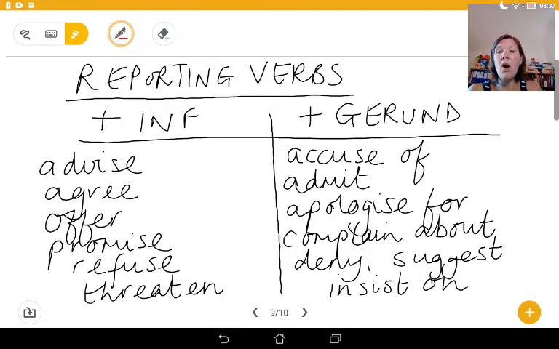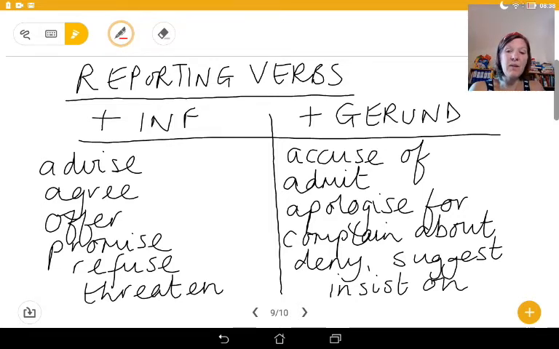Another example with offer: you might have the original sentence, "Shall I help you?" So in the transformation, "She offered to help me." Also with promise, followed by the infinitive, refuse, and threaten.